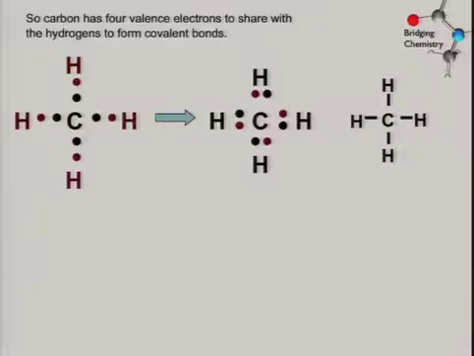Does this make sense? And so you may have come across somewhere along the way this idea that carbon can only ever form 4 bonds. This is why. Because carbon has 4 valence electrons, so that's all the electrons it's got to make bonds with other things.